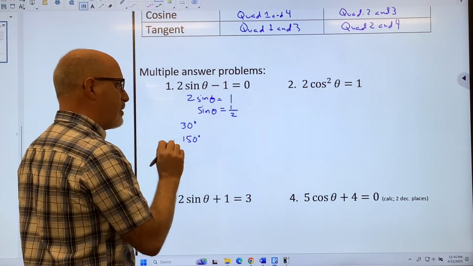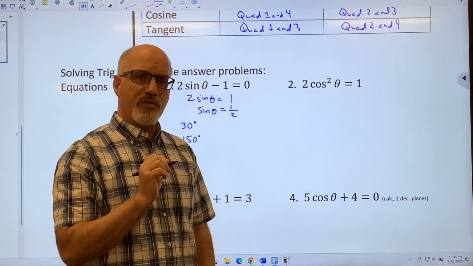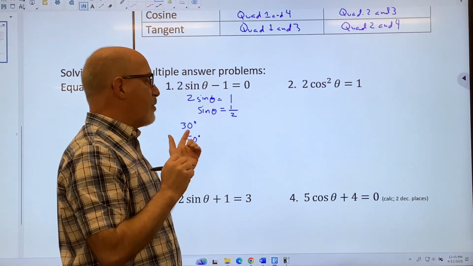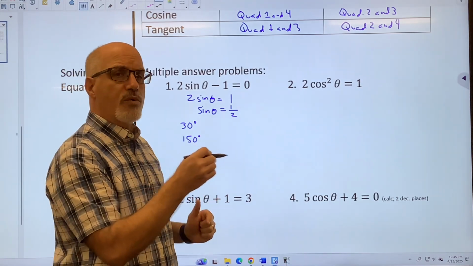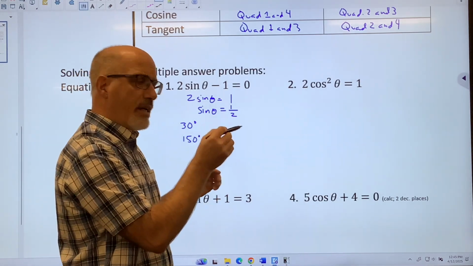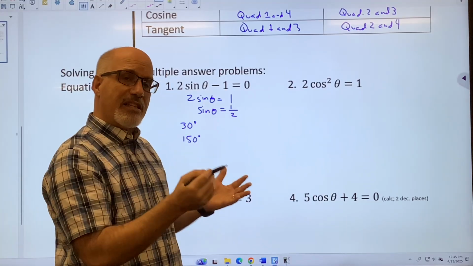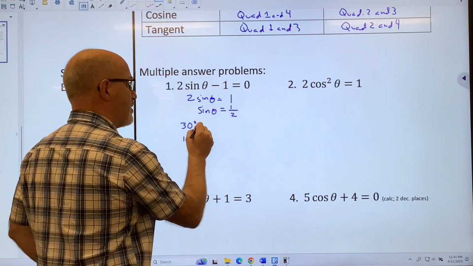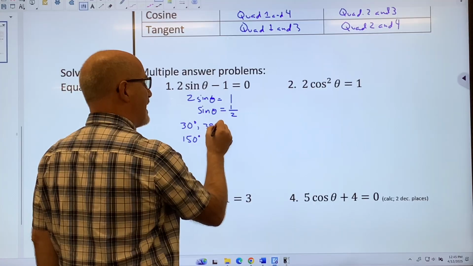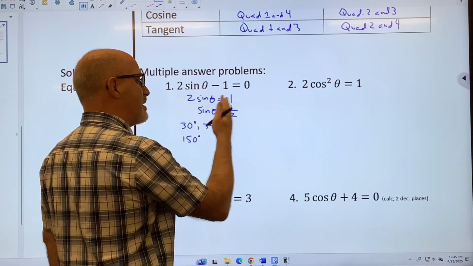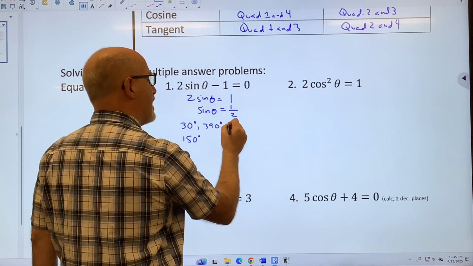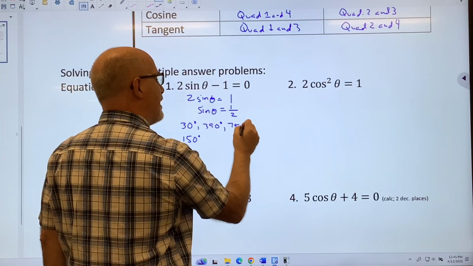Now to represent this for theta, we not only know that, but also all of our coterminal angles. 30 degrees, if we add 360 onto it, you get to 390. That's going to be another answer, okay? So 30 degrees, 390. If you add 360 on again, you're going to get 750, and it keeps going.